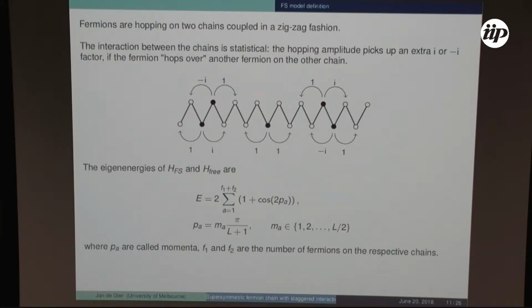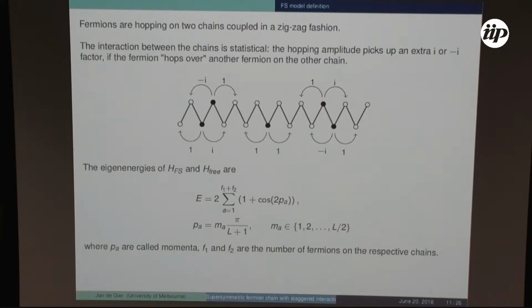So there are two XX chains, but there is an interaction between them in the sense that the hopping rate depends on whether or not there is a spin in the bottom chain. And vice versa, they can hop along the bottom chain, but then there is a phase factor. So for example here, this spin can move over there with a phase factor -i because there is a spin in the top chain.